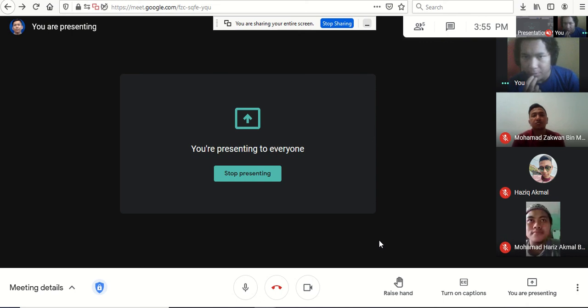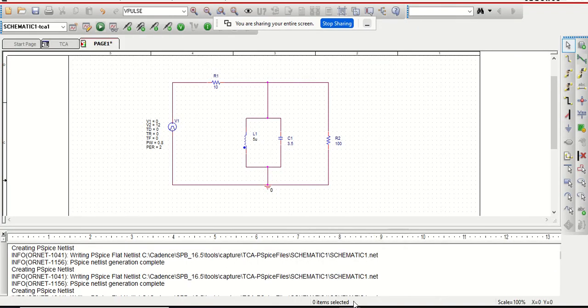Assalamualaikum. My name is Muhammad Amir Amirul bin Alias. Today I will present about the simulation of our project. We are using OrCAD Capture software to draw the circuit for our simulation and PSpice software to get the result.